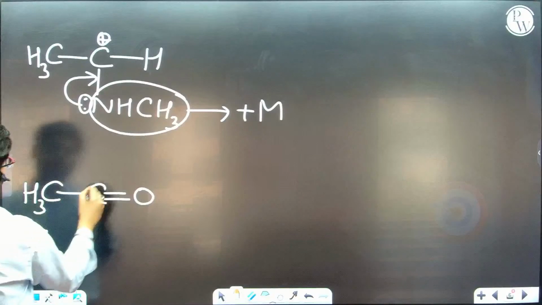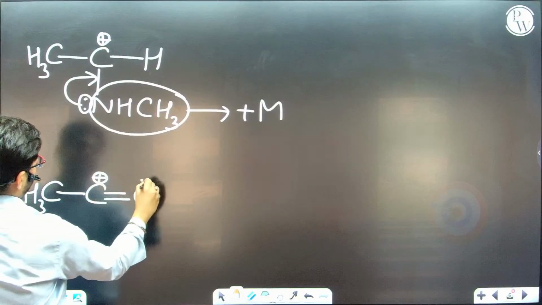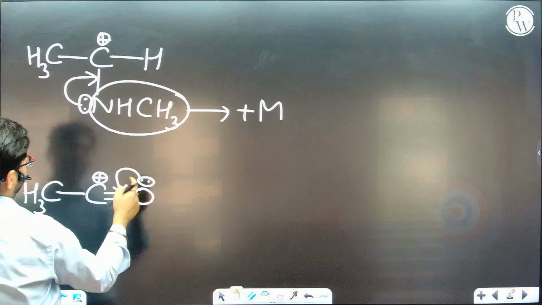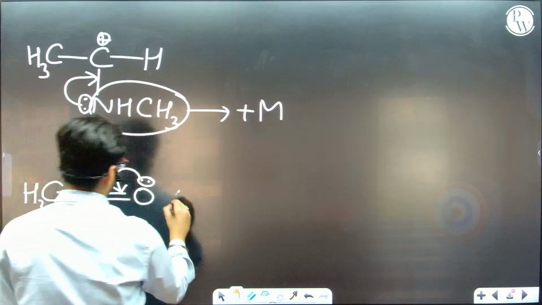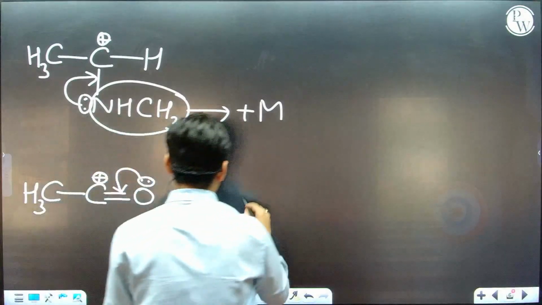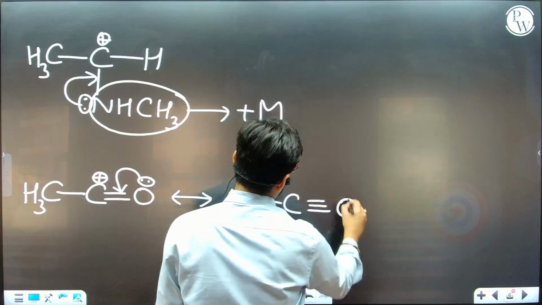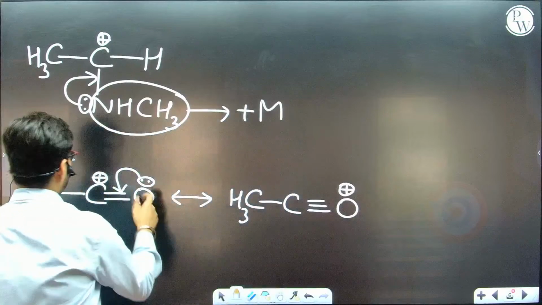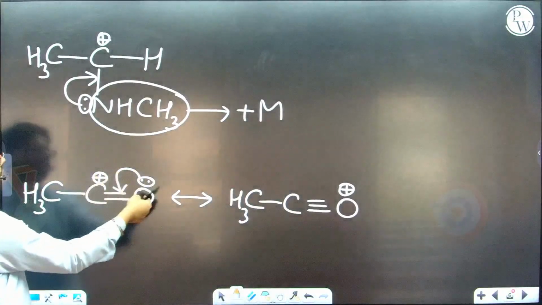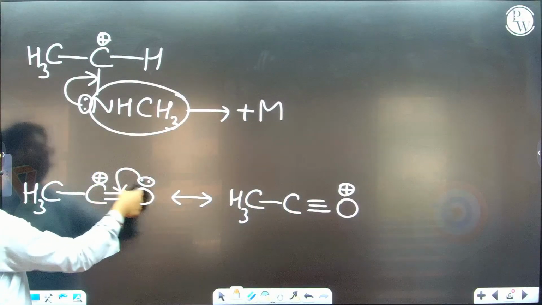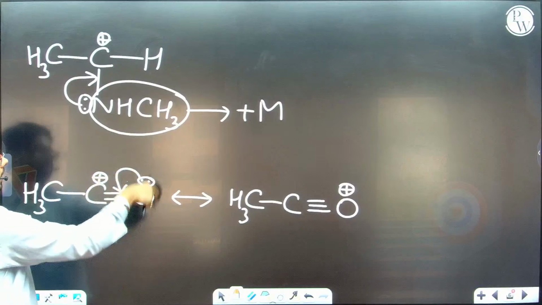Look at this. Again, here the lone pair is being donated during resonance. So if I start drawing the resonance structures, these are the two resonance structures for this species. So again I can say that here this positive charge has been stabilized by the plus M effect of this oxygen atom.